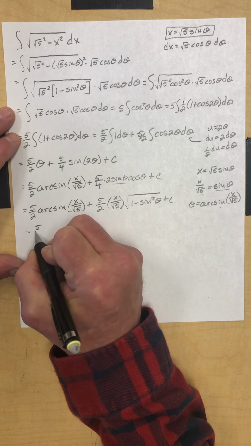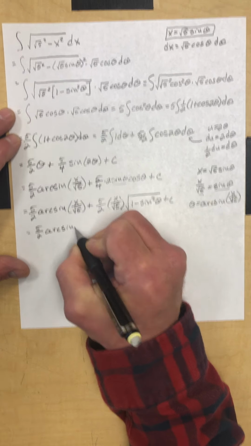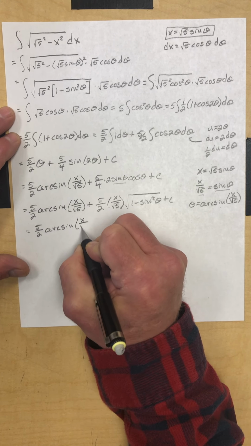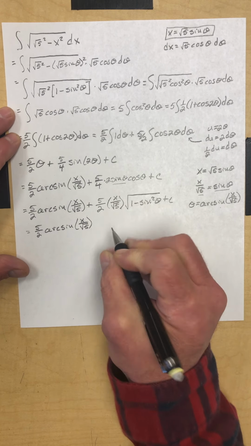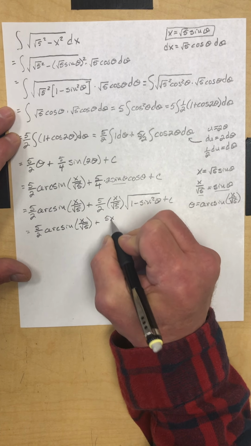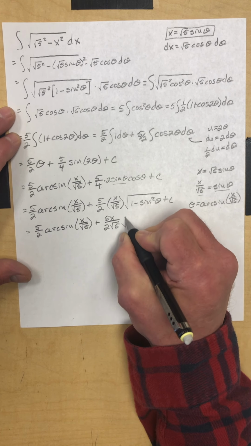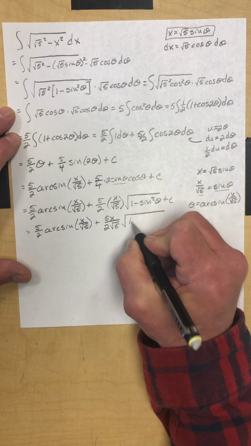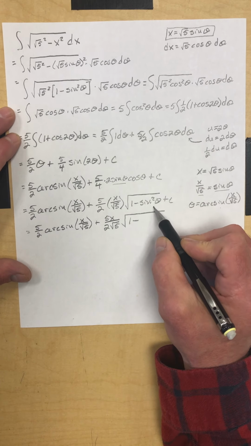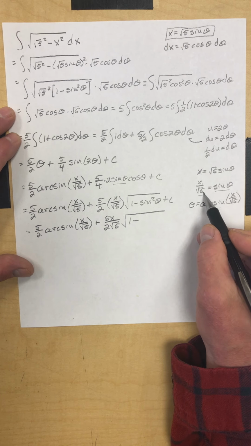So 5 halves arc sine of x over radical 5, plus, that would give me 5x over 2 radical 5 times the square root of 1 minus, now sine of theta is right here, x over radical 5.